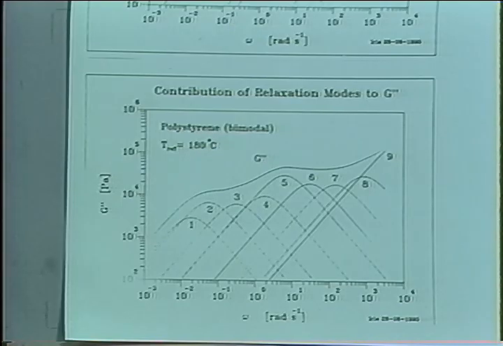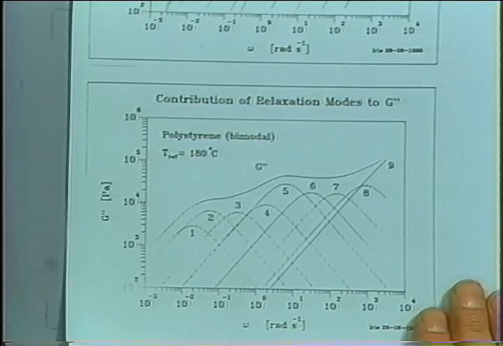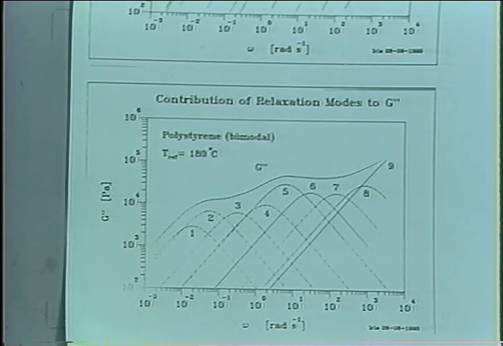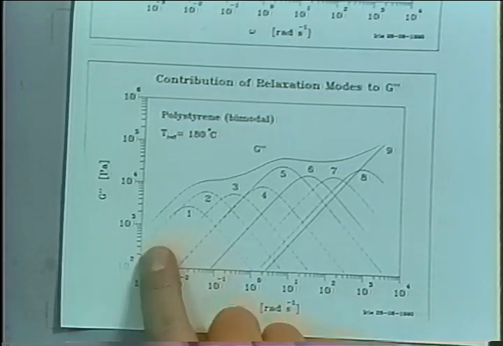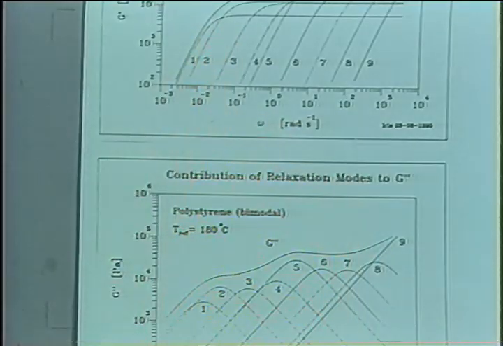Remember the advantages of the dynamic mechanical experiment: one, probing short times wherever you want them, having short startup times. And this is the third advantage, probing your spectrum in different ways when looking at G prime and G double prime. And now we are picking up on this advantage by choosing Maxwell modes in our discrete spectrum, since the Maxwell modes support the spectrum differently for G double prime and G prime.